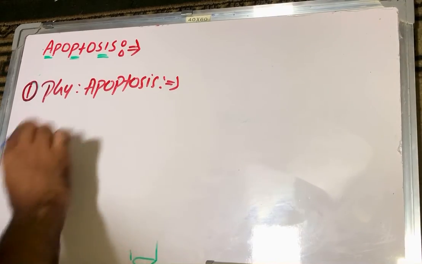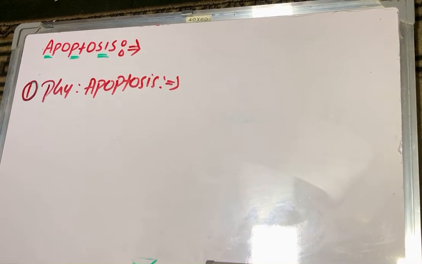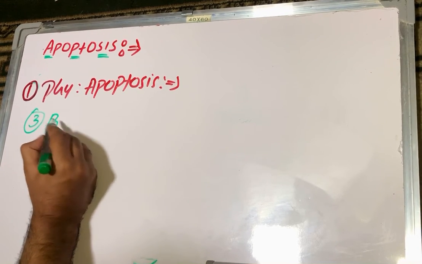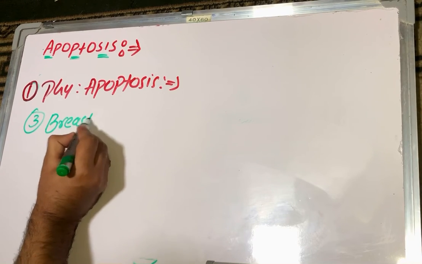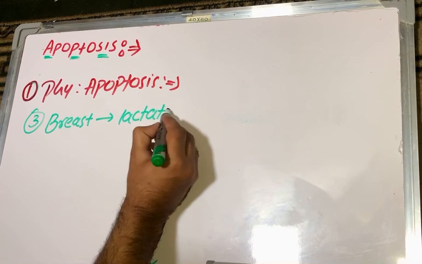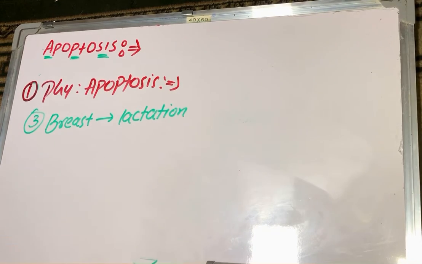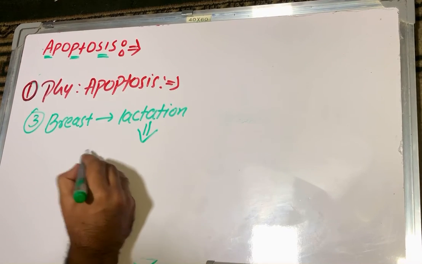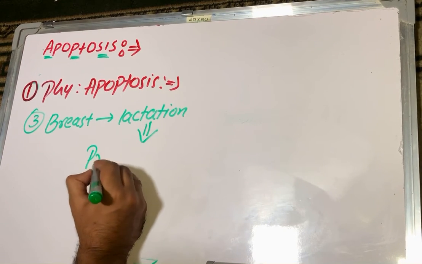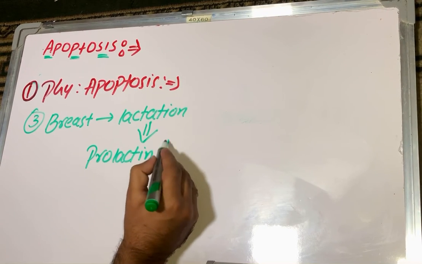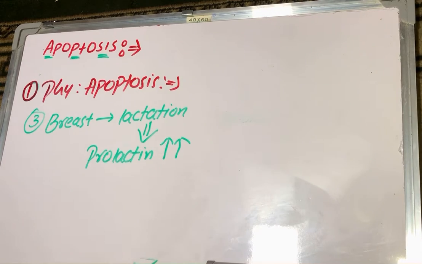Apoptosis also occurs in other situations. For example, woman's breast during lactation. We know during lactation the level of prolactin hormone increases.